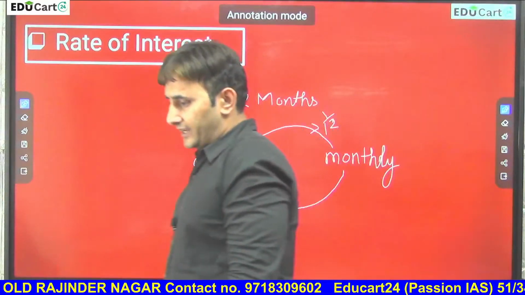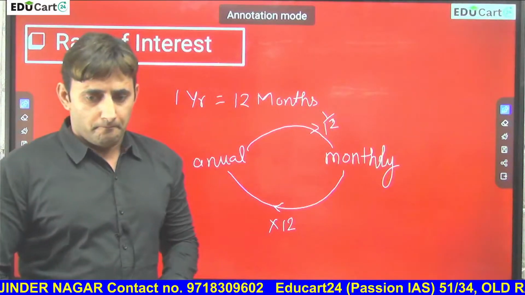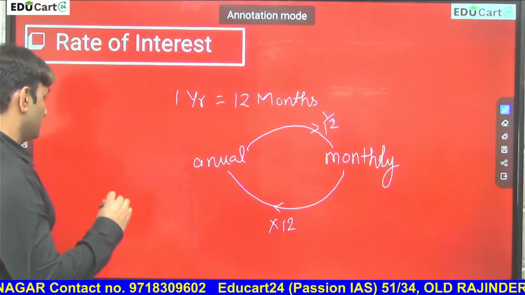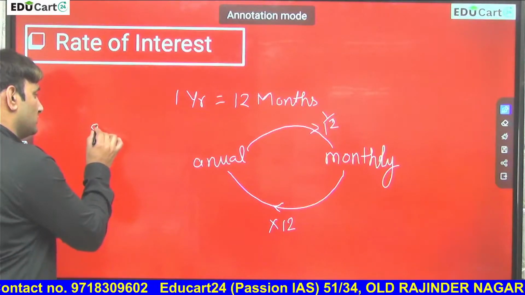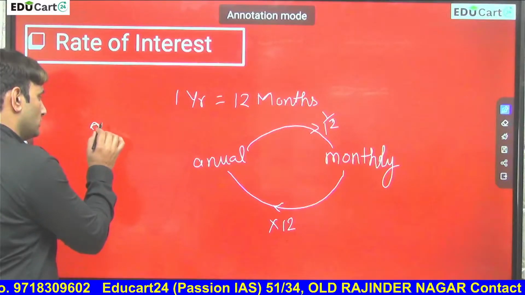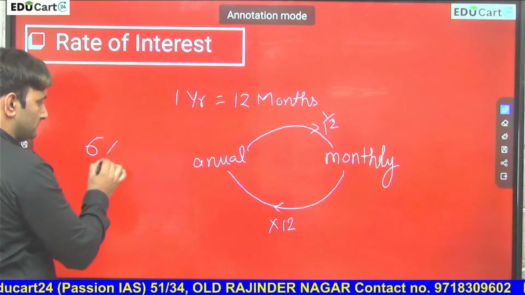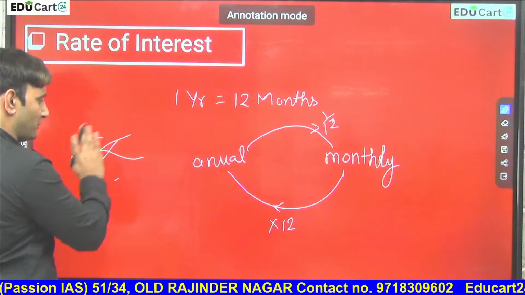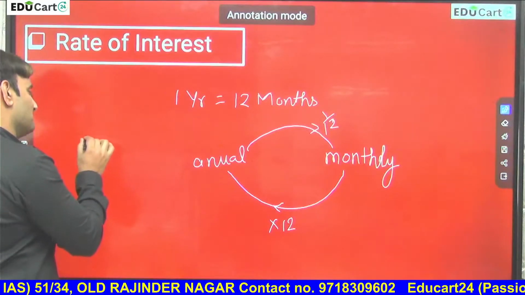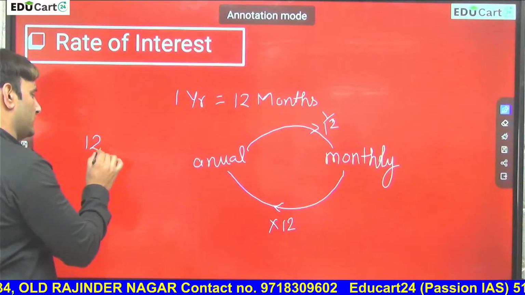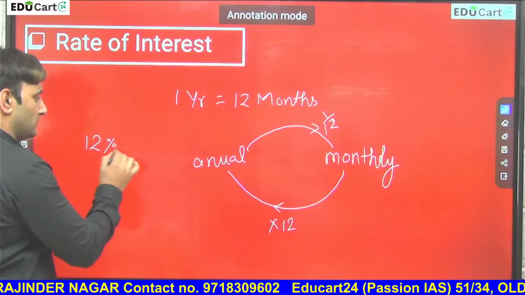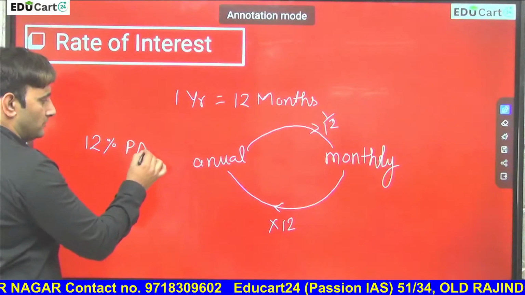Suppose the bank is offering you a loan at the rate of 12% per annum.